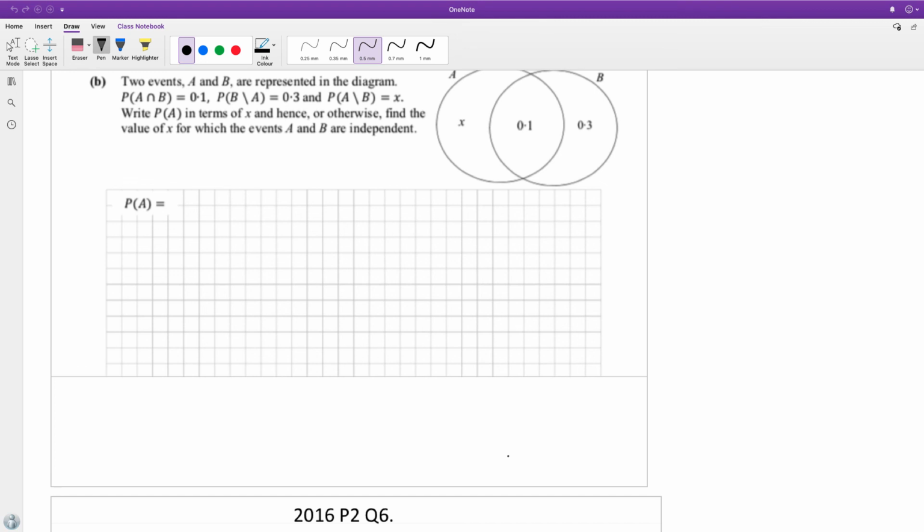What's the problem here? The drawing is a bit unfair.